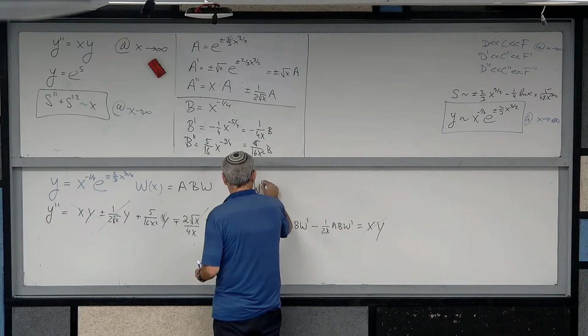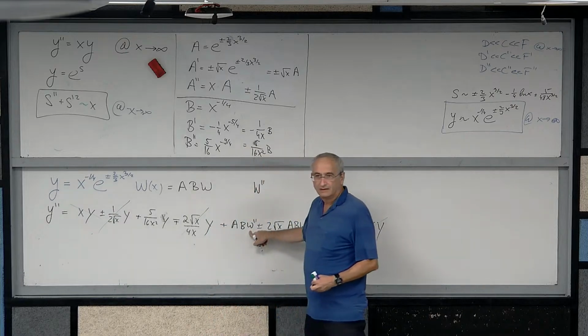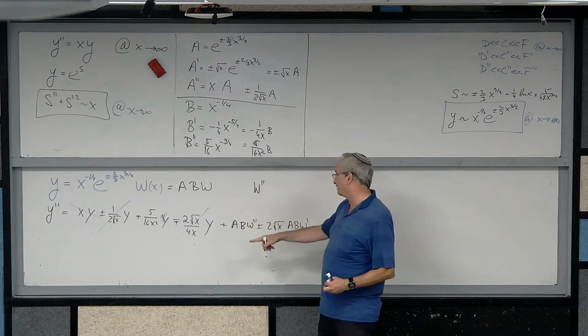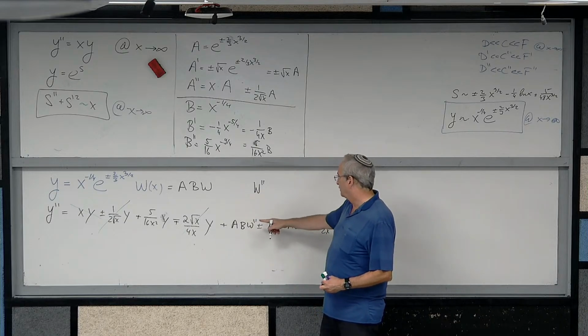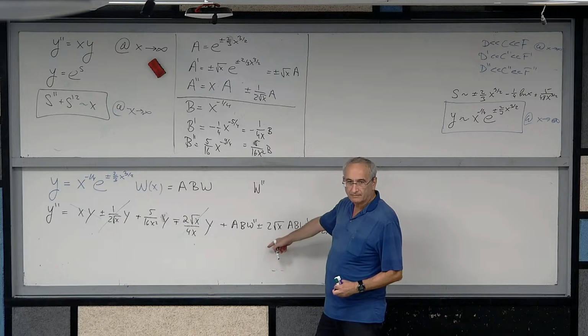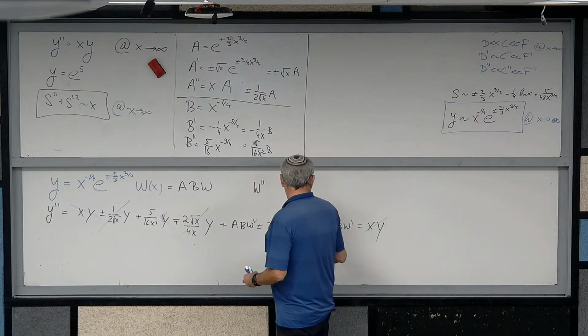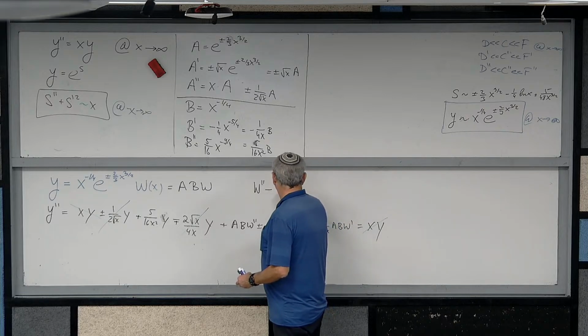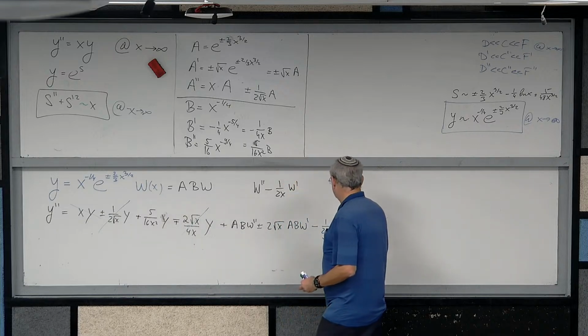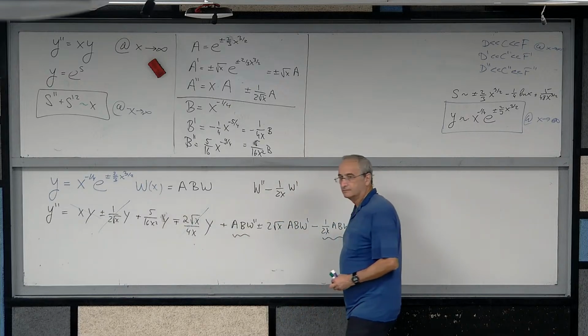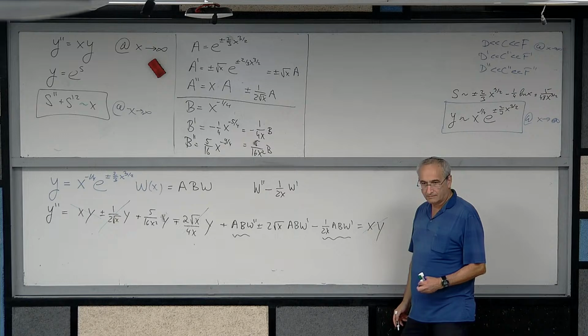So I have w double prime times AB. Now that I cancelled all these, I can also divide by AB. Okay? So I have w double prime minus 1 over 2x w prime. This is from here. You see?